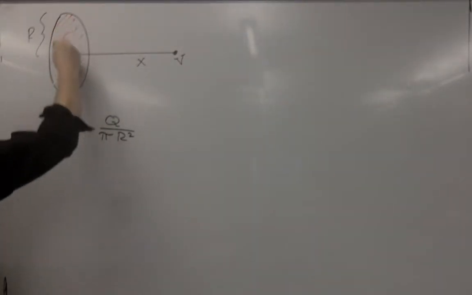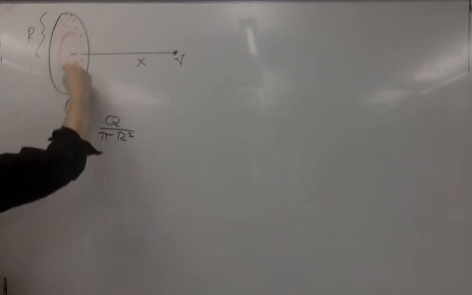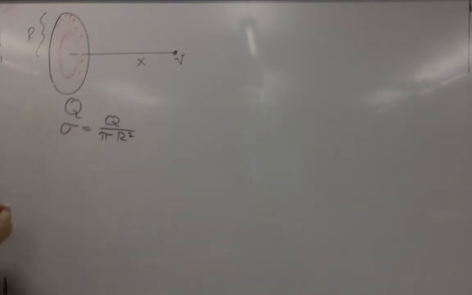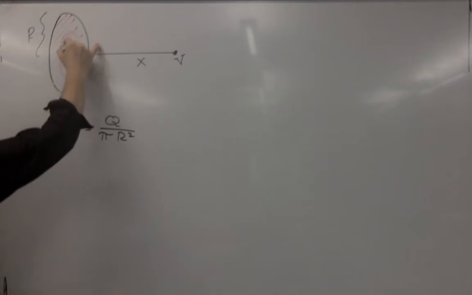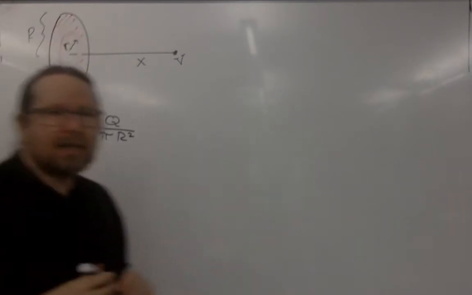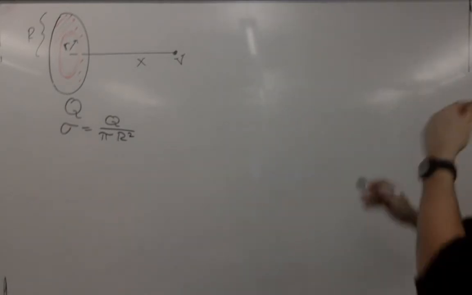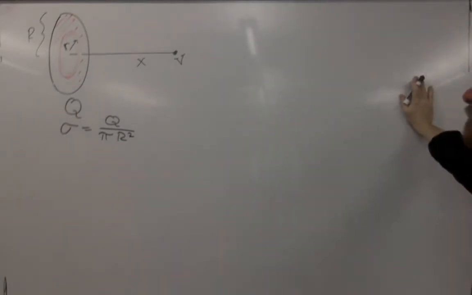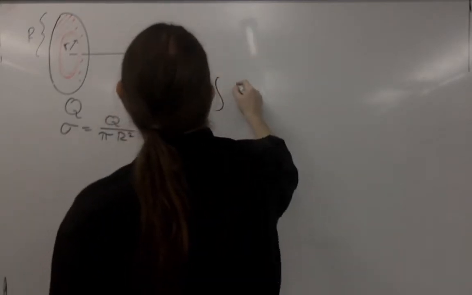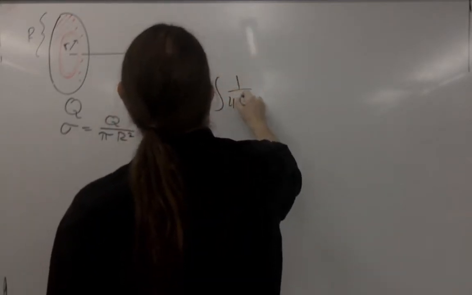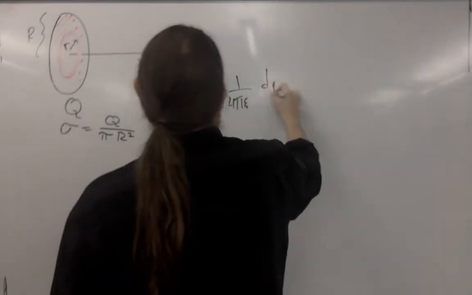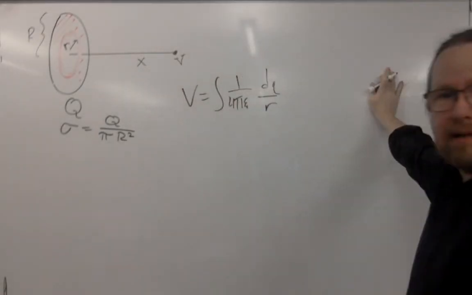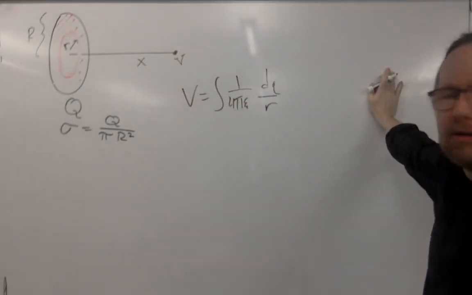Since we already just found the electric potential due to a ring, and we're going to make that radius of that ring r, because that radius is no longer going to be constant. We're going to be integrating that radius from the center out to the edge. Instead of just starting from the expression for a point particle, V is equal to the integral of 1 over 4 pi epsilon naught dq over r, we could do that, and I think we did it both ways for the electric field.